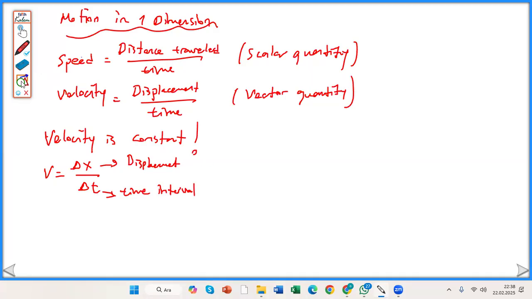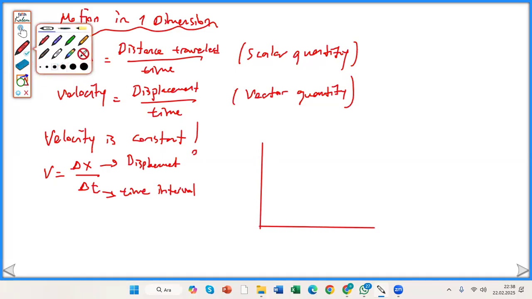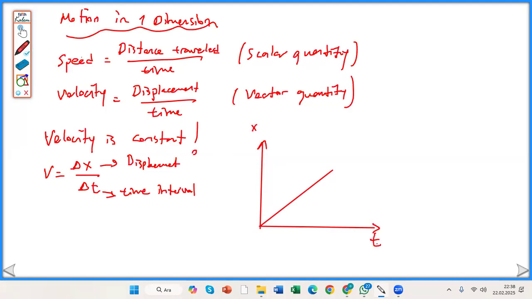If the velocity is constant, its displacement-time graph has a linear rate of change, and its velocity-time graph is constant.